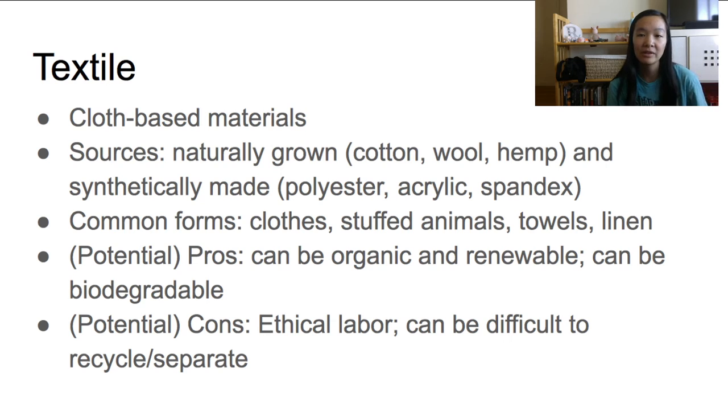If it comes from the ground or an animal, it could be organic and renewable because you can continue growing cotton, and it will biodegrade. So stuff like wool, cotton, hemp can biodegrade, right? Because it's an organic substance.